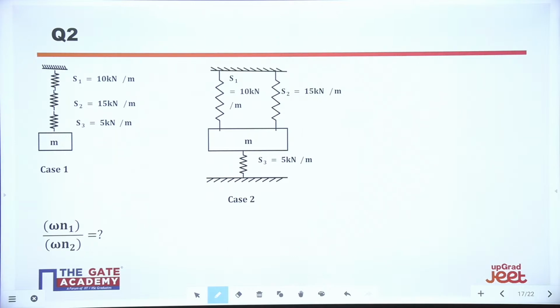So this is what we call series and parallel connection.